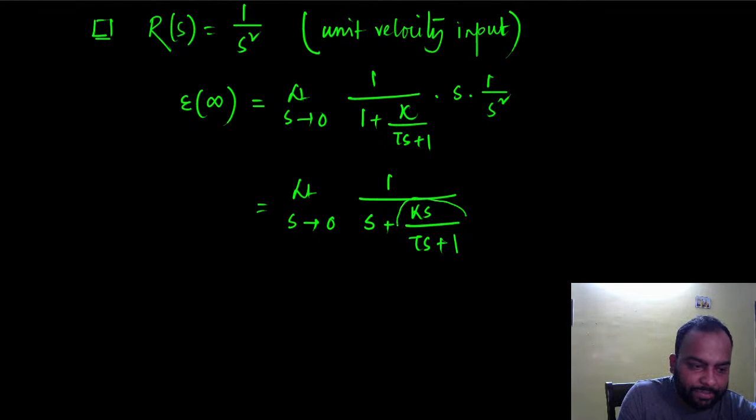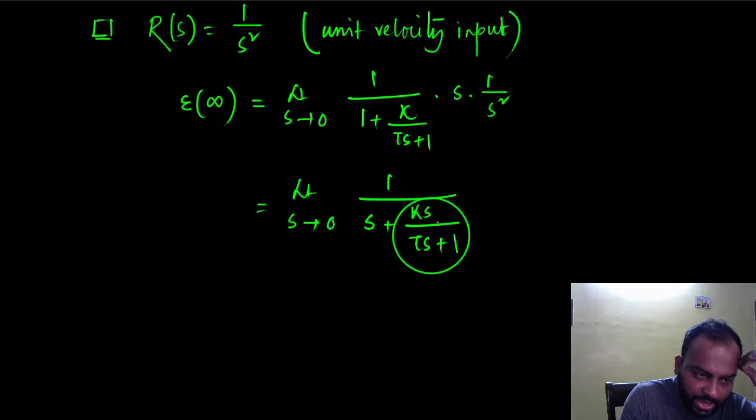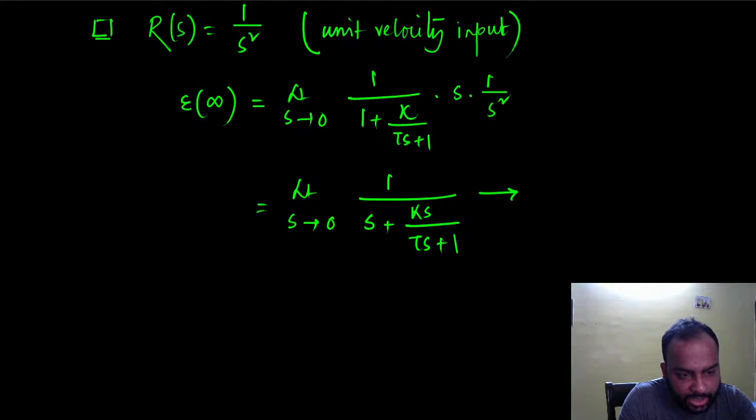If I put s equal to 0, no problem, this part becomes 0. I just multiplied these and combined everything here. But then I have 1 by s, and that leads to infinity. So this is actually infinity.